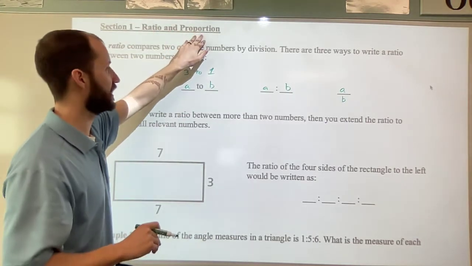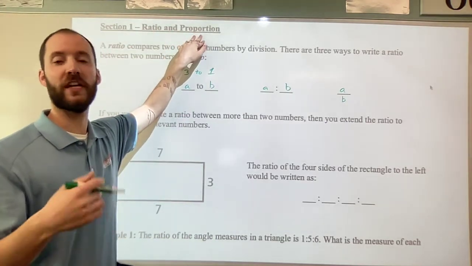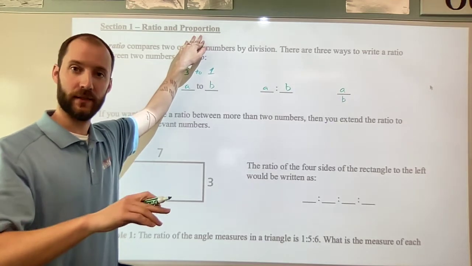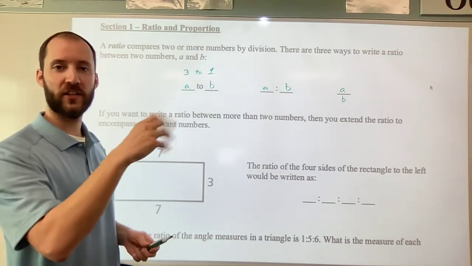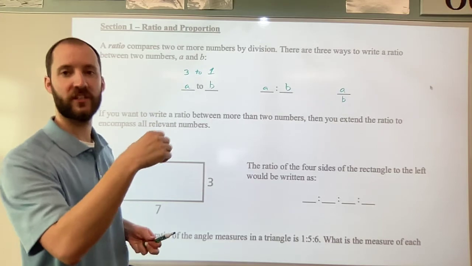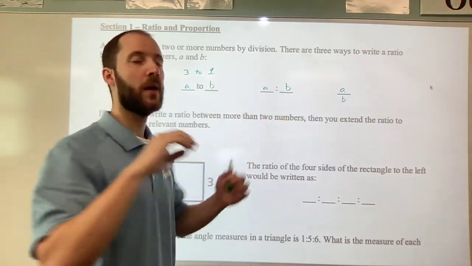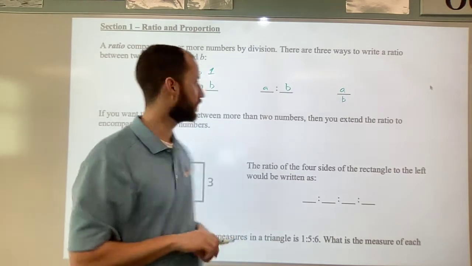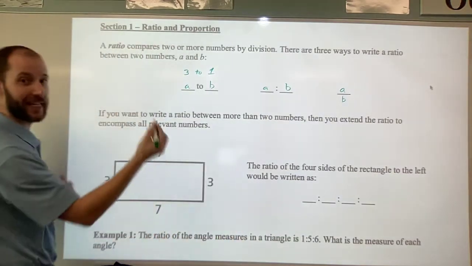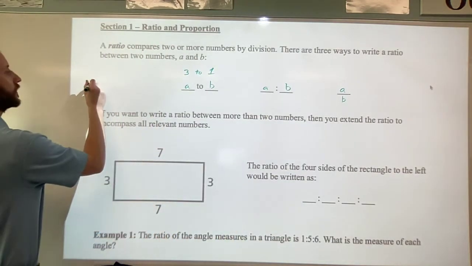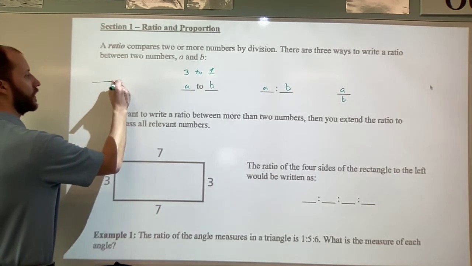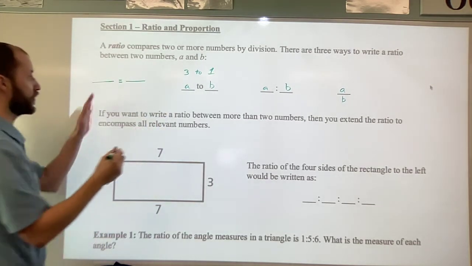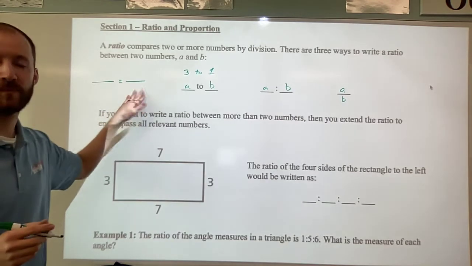A proportion is multiple ratios that are equal. So a comparison of two objects, a comparison of another two objects, but those comparisons are the same as each other. And I like to use fractions, a fraction equaling a fraction.